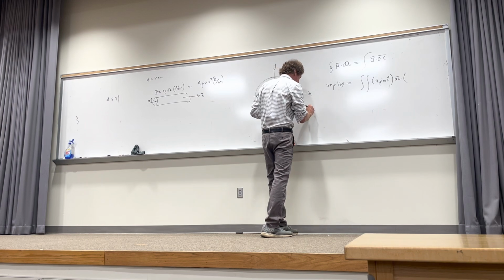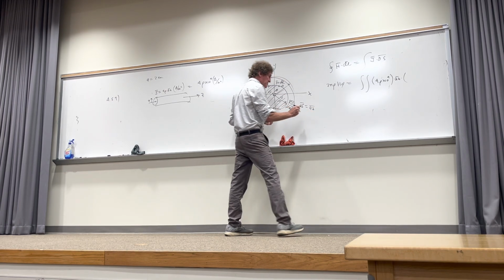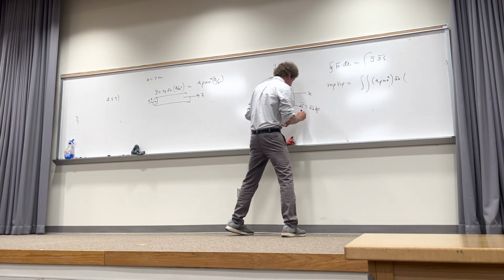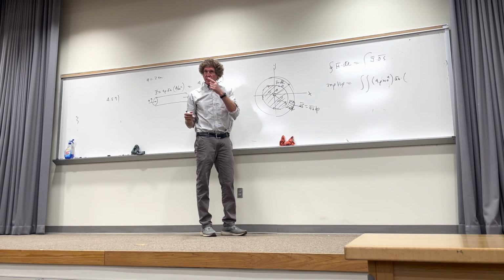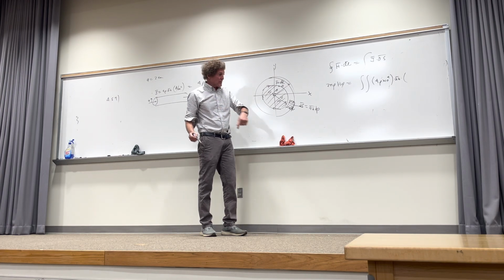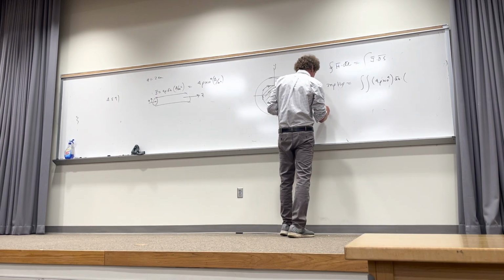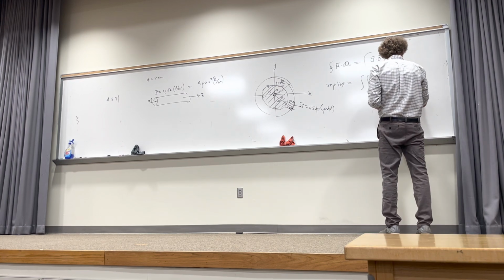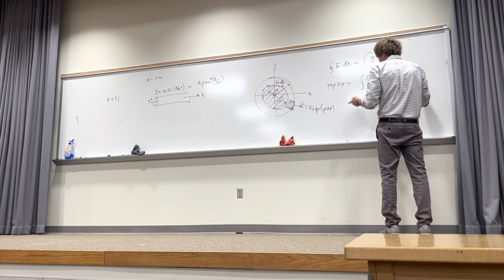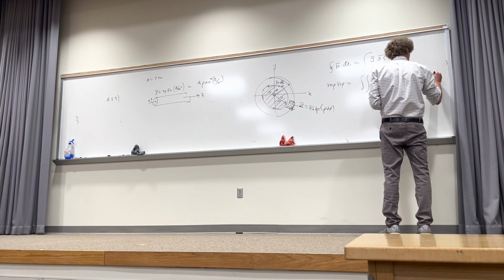The differentials in the radial direction would be d rho, and in the azimuthal direction rho d phi. So that's going to be times rho d phi. So this is rho times d rho, I'm just changing the order, times d phi AZ.